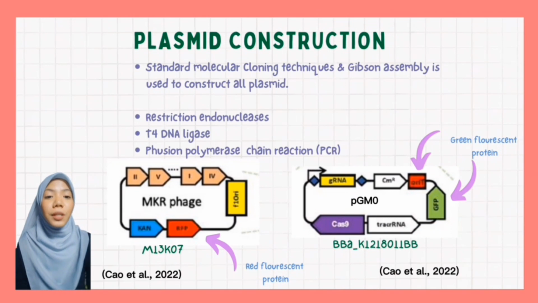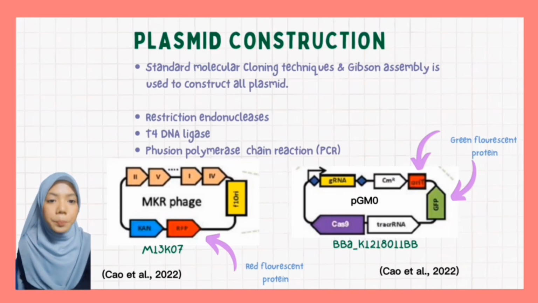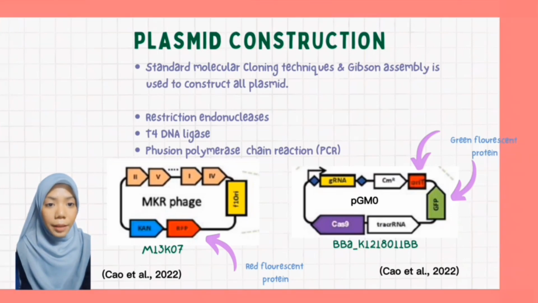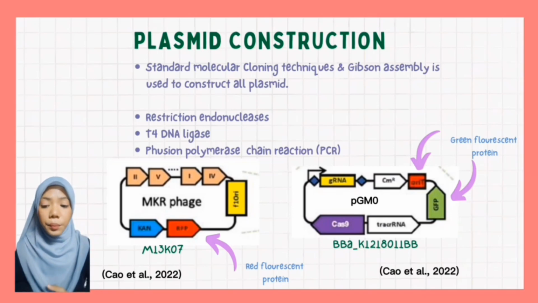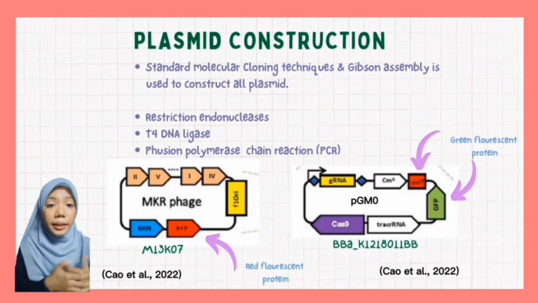Okay, next we move to the plasmid construction. In plasmid construction, all plasmids are constructed using standard molecular cloning techniques and Gibson assembly. Restriction endonuclease, T4 DNA ligase, and fusion polymerase chain reaction, or PCR, are from New England Biolabs. As a side note, primers are synthesized by T-Sync and plasmids are isolated with the Tien Prep Mini Plasmid Kit.